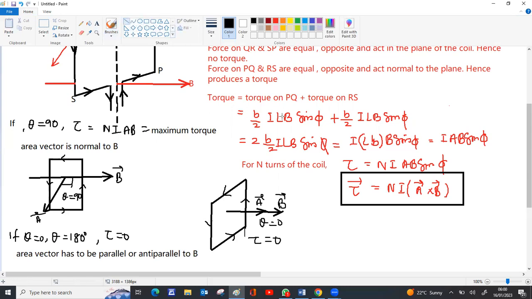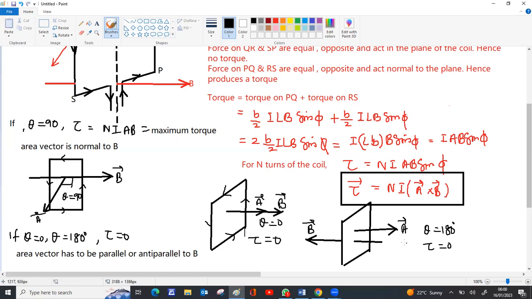In the same way, the area vector is to the right, the magnetic field is to the left. Theta is 180 degrees, sin 180 is 0. So still torque will be 0. These are the two cases for maximum and minimum torque.